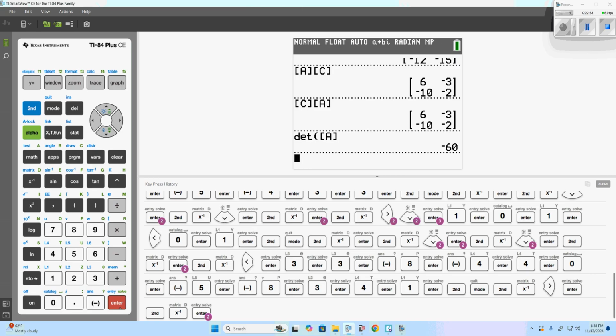You could also do the 2 by 2s, but again, just like we saw with yesterday, we can do the 2 by 2s by hand almost as fast, if not faster, than typing the whole thing in. Questions on any of this here?